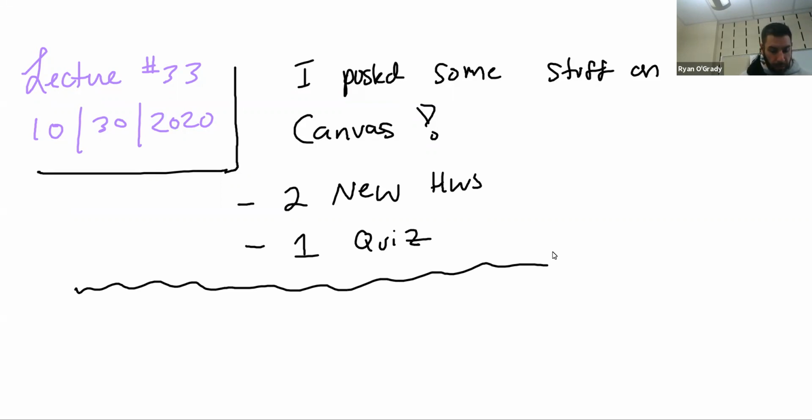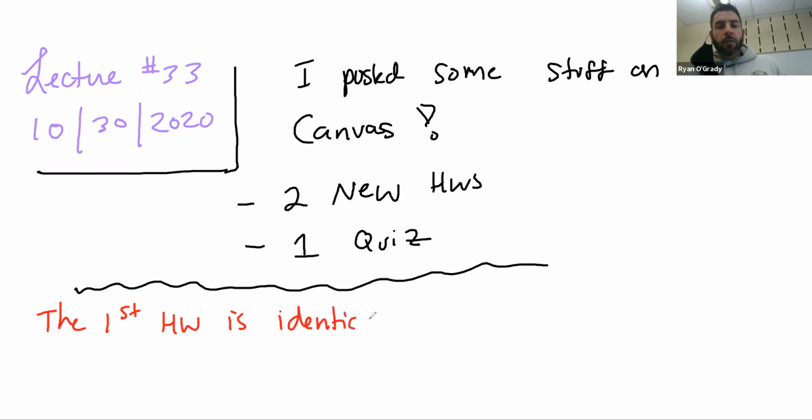We did 2 examples. The homework that I posted is what we did yesterday. So the first homework is identical to yesterday's examples we did in class.